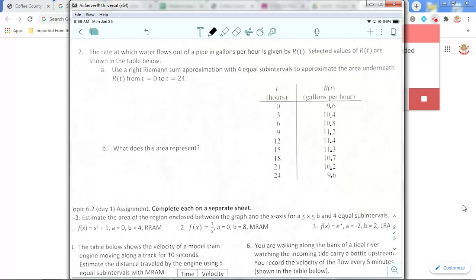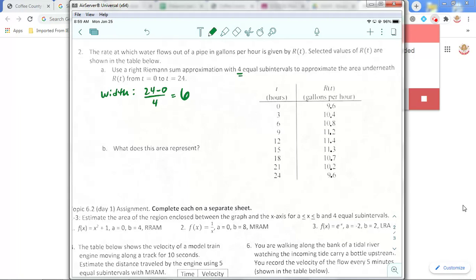So let's start off and find our width. We would take the right part of our interval, subtract the left, and divide by how many subintervals we want. So each width is going to be 6 units long.